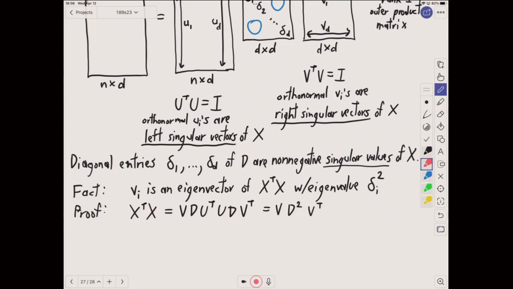And if you remember what an eigendecomposition looks like, that's the form of an eigendecomposition. You have an orthonormal matrix V, and you have a diagonal matrix in the middle. That's an eigendecomposition. So that's why that fact is true.